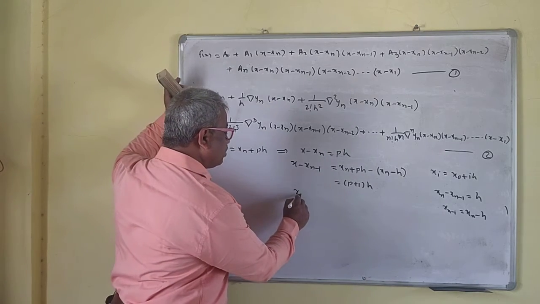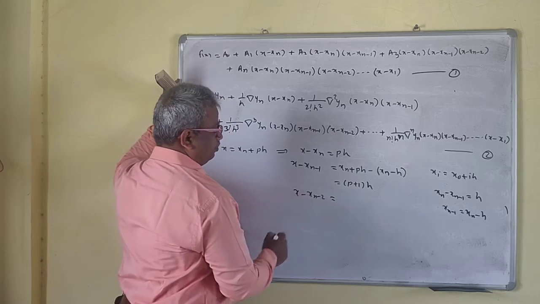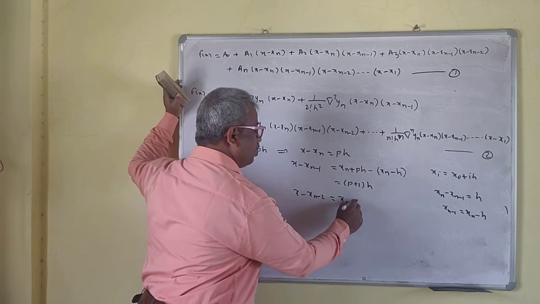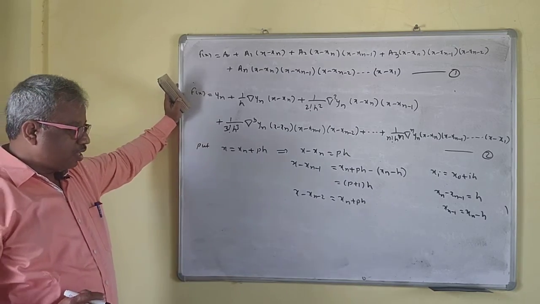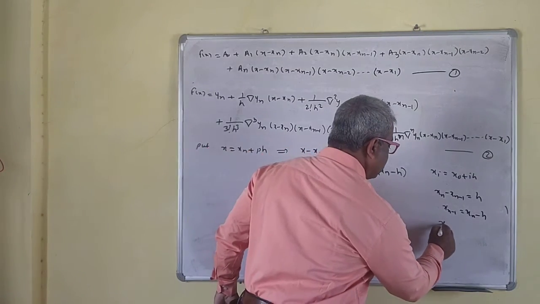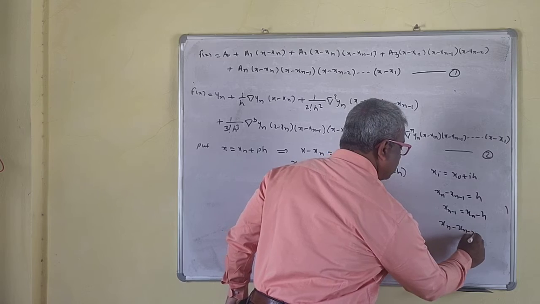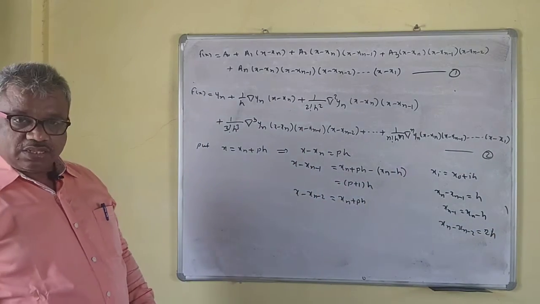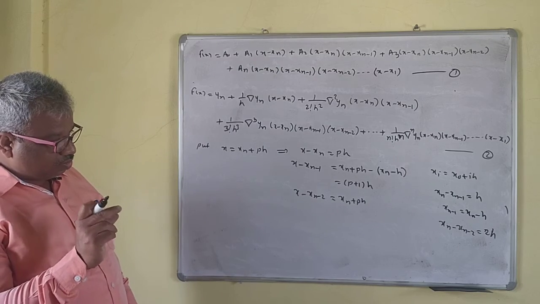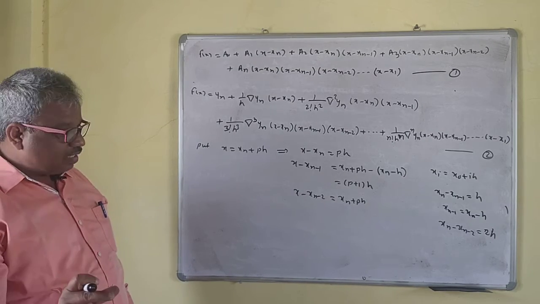So now we'll find x minus xn minus 2. This is xn plus ph. Now your xn minus 2 is equal to xn minus twice h, because there were xn minus 1, then xn minus 2.